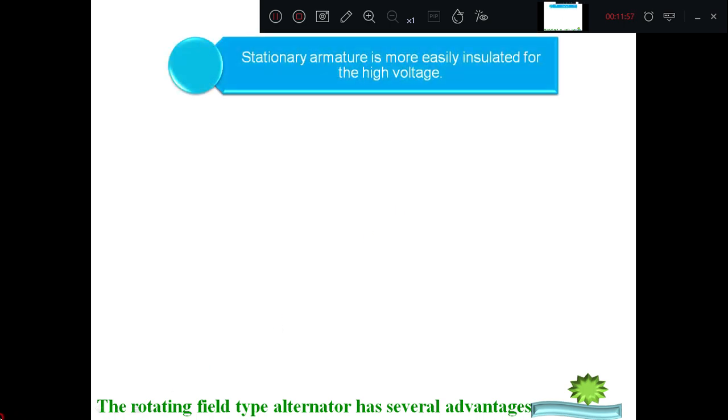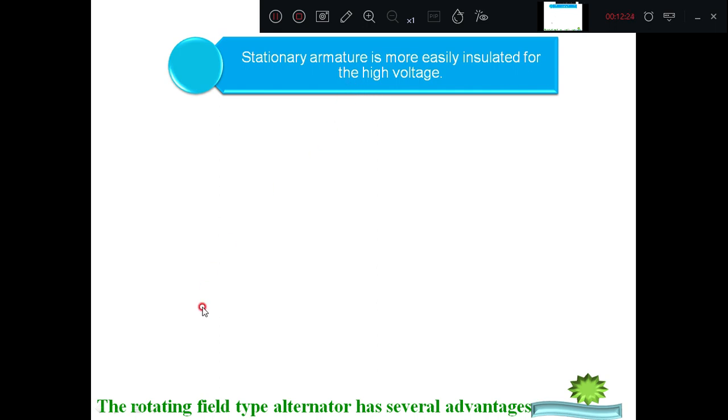Then why are we going for a rotating magnetic field with a stationary armature? There are several advantages of rotating the magnetic field in the case of the alternator. That is the first advantage of having a rotating magnetic field: the stationary armature is more easily insulated for high voltage.